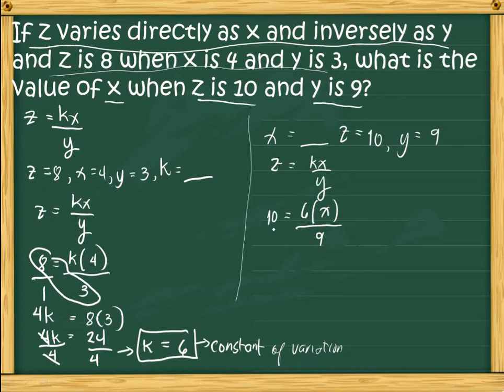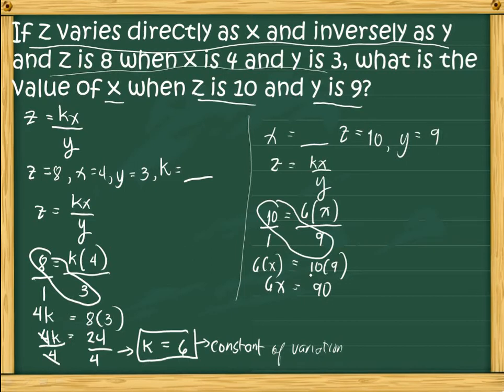Again, the denominator of a whole number is 1. We're going to do cross product property. So 10 times 9 is equal to 6 times x. So 6 times x is 6x. 10 times 9 is 90. So our goal is to find the value of x.